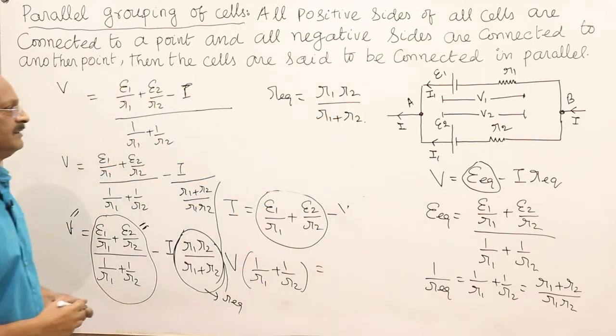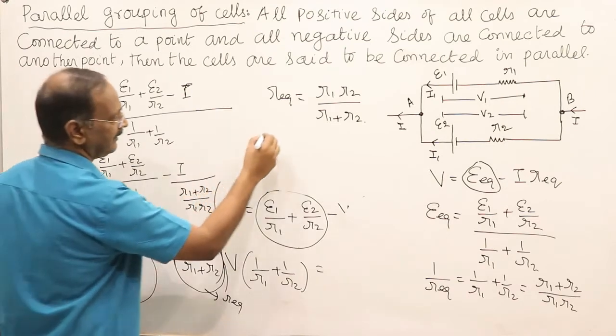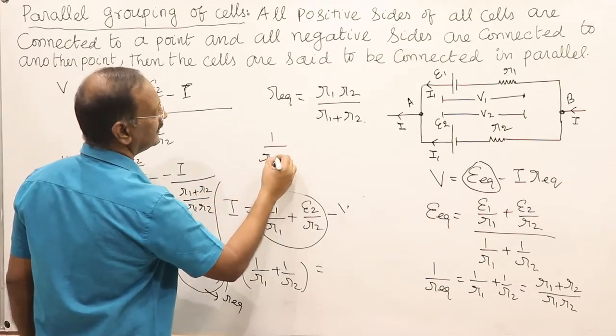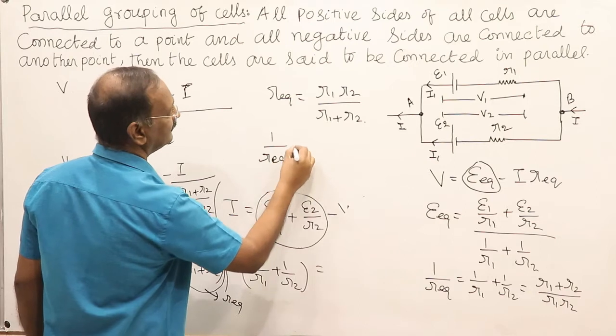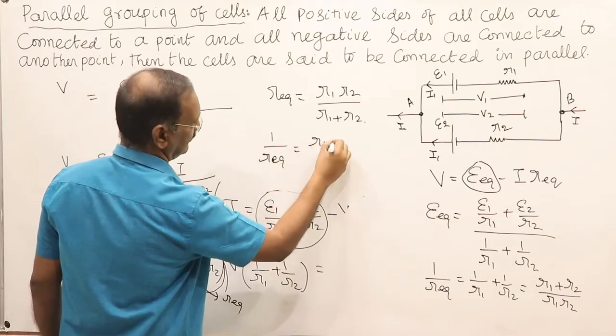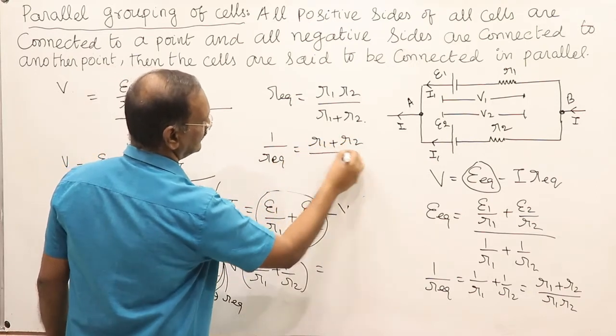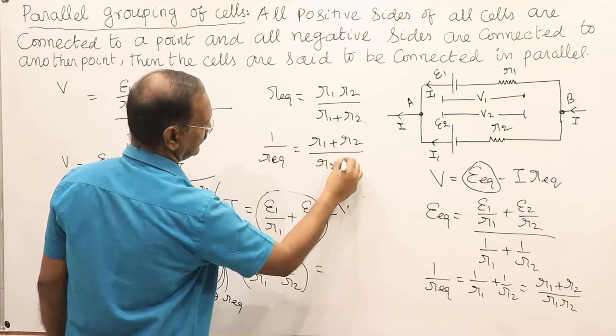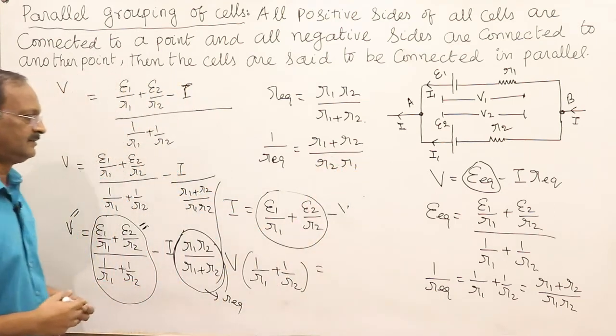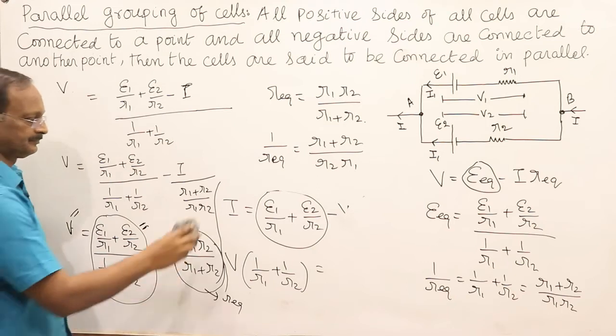You can write it as R1 plus R2 over R1 R2 for 1 by R equivalent. This way also we can write it.